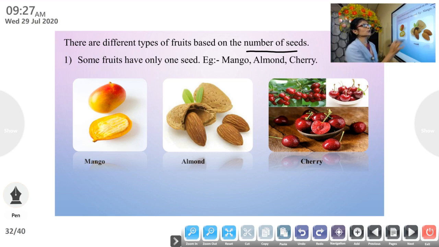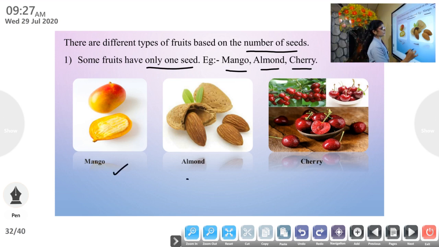Mango, almond, cherry, etc. are examples of one-seeded fruits.